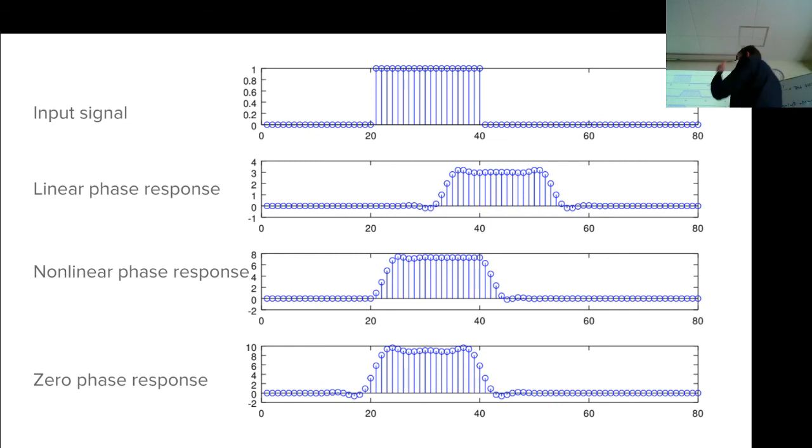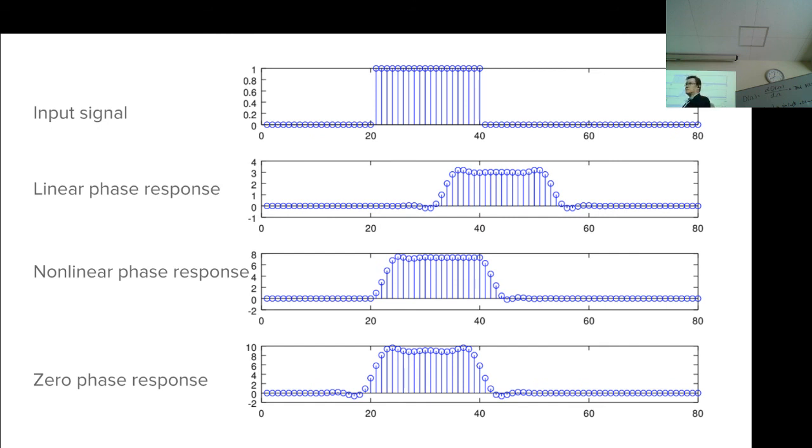Okay, then I also mentioned the zero phase response. I actually took exactly that nonlinear phase response filter, and ran that test signal first through the system like this, and then I took this signal and reversed the order and put it through the same system.